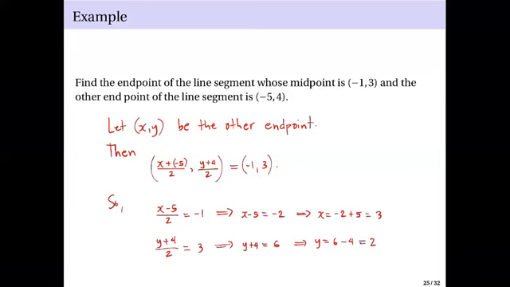Okay, therefore, the other endpoint is 3, 2. Okay?